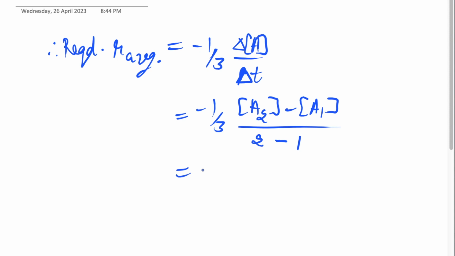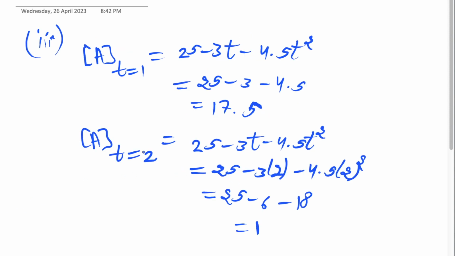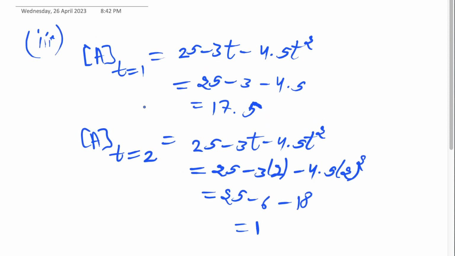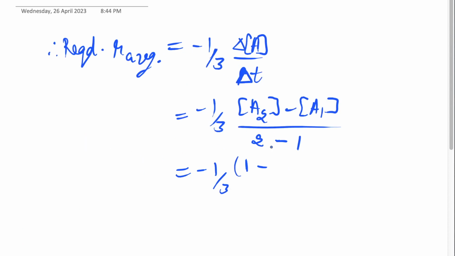So minus 1 by 3, A2 at t equal to 2 seconds is 1. We just have to put the values now here. It's just that simple. Minus A1, the concentration of A at time t equal to 1, which is 17.5. So 1 minus 17.5 upon 2 minus 1, which is 1.